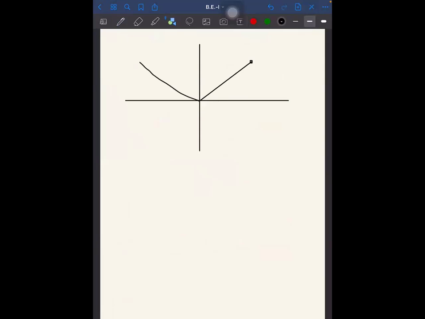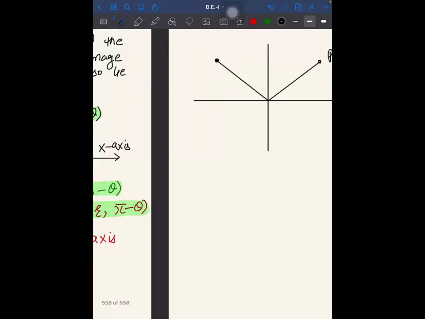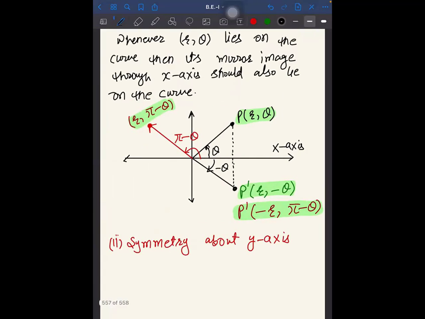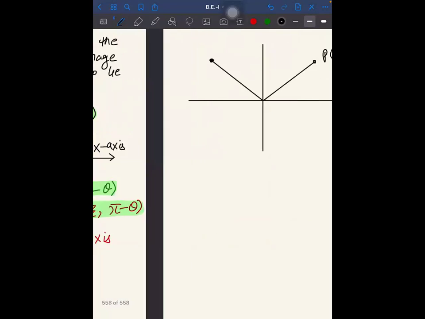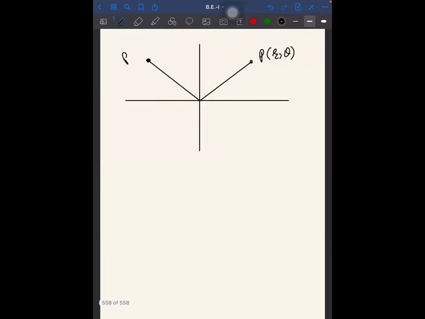Now you take the y-axis as your mirror. So if this point is your P, r theta, what will be this point? r, pi minus theta. You have already calculated that point, r, pi minus theta. Okay, so that point is, let's say, P dash.